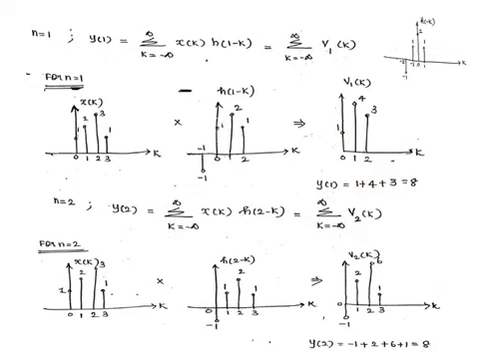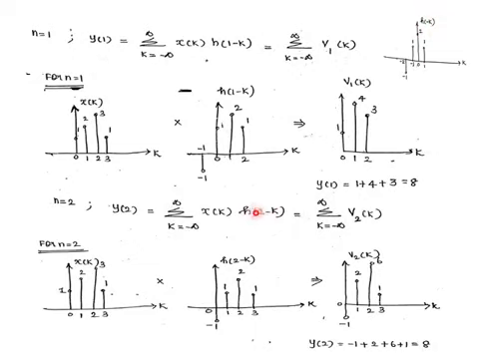The next time instant is n is equal to 2. Write the formula for n is equal to 2, which is y of 2 is equal to summation k is equal to minus infinity to infinity x of k h of 2 minus k. X of k we have to draw as such, and h of 2 minus k is obtained by shifting h of minus k by 2 units towards right.